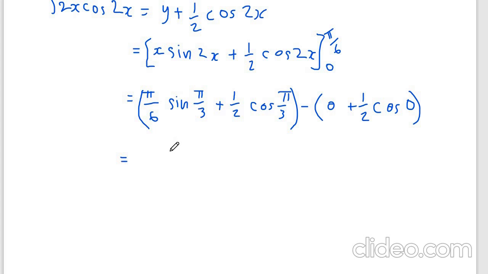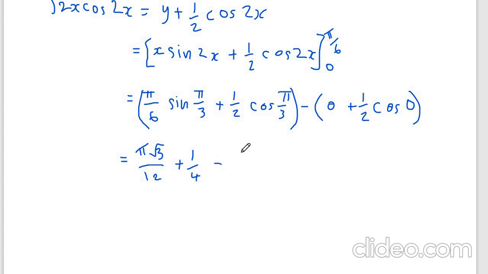So sine pi over 3, sine 60, is root 3 over 2. So this will eventually be pi times root 3 over 12. And then cos 60 is 1/2. So that's 1/4.